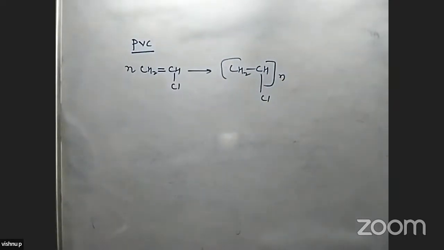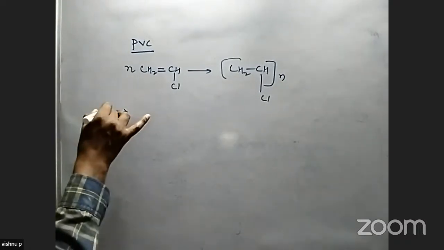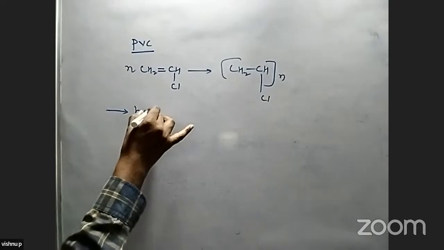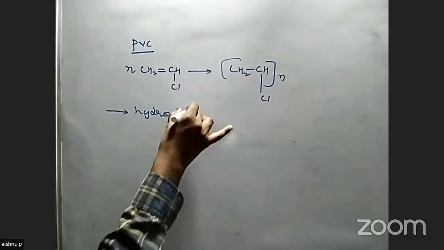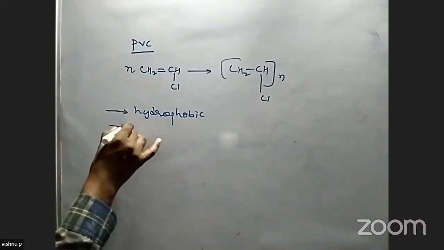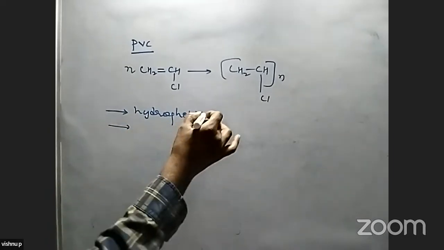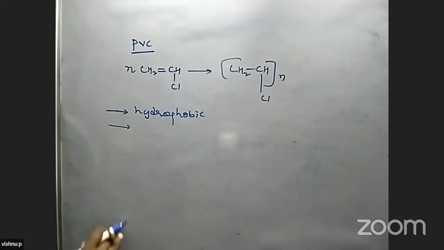So what is the nature of this vinyl chloride? What is the nature of carbon? Carbon is hydrophobic in nature, so it repels water molecules, and because of this hydrophobic nature, it is used in water pipes, and it is also resistant to electric shock.